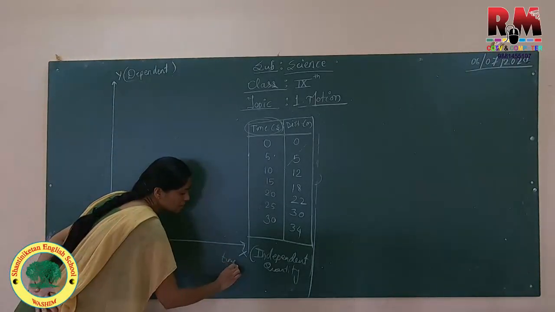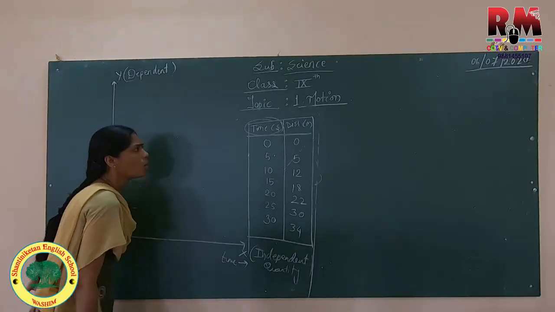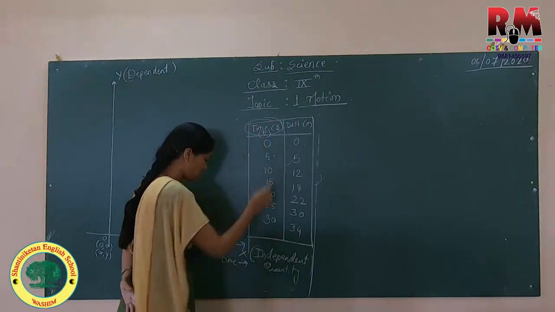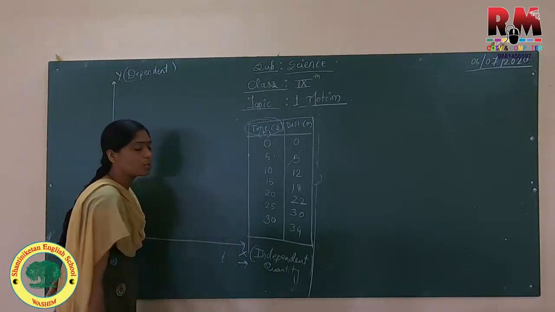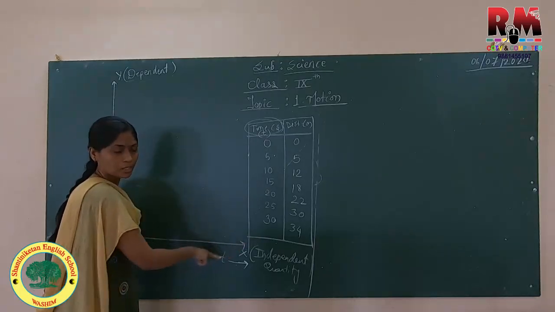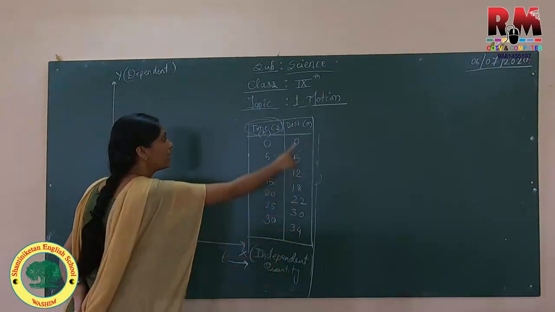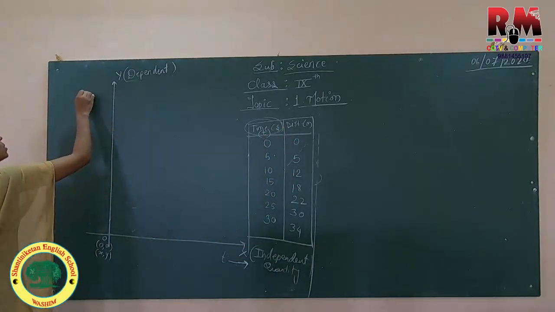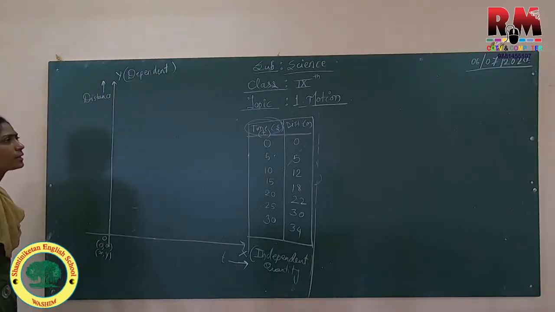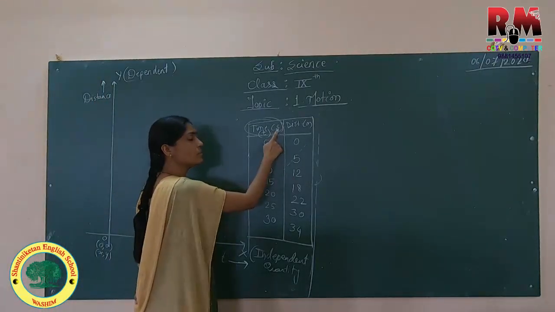You can show it with a small letter t in a box, with the arrow direction. This is very important to write. And this is distance, in this direction.